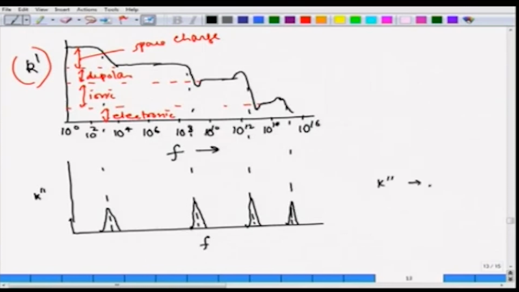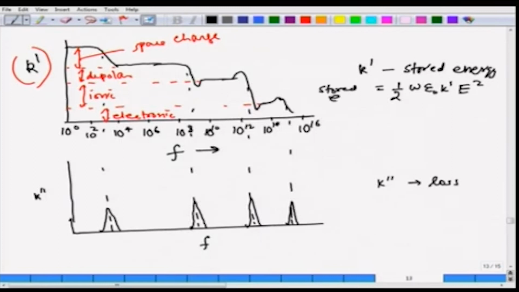K prime is about stored energy, and K double prime is about loss. That means the stored energy, if you do half CV squared and integrate over a time period, you should be able to show that it will be equal to epsilon naught K prime E squared, which would be the stored energy.